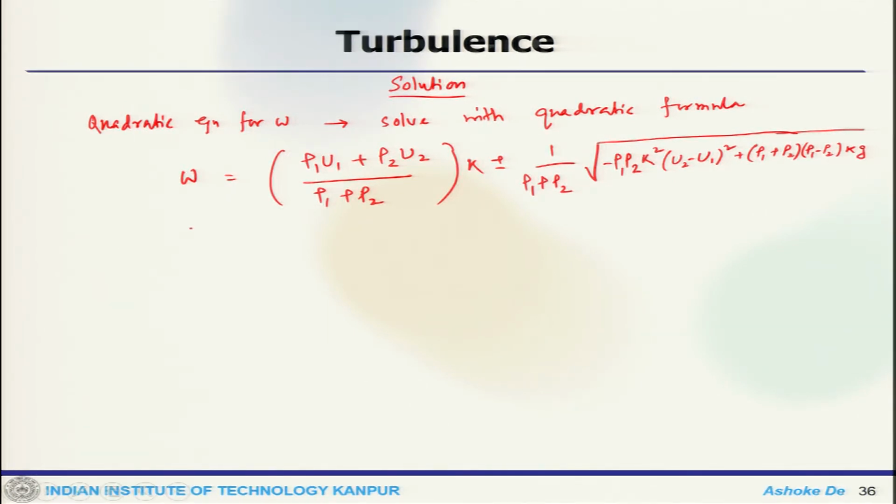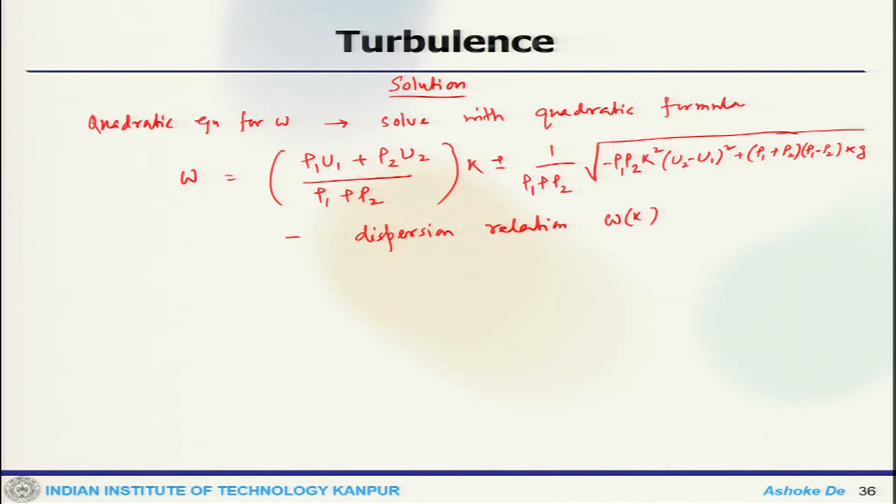So, one can think of this as a dispersion relation of omega and k.